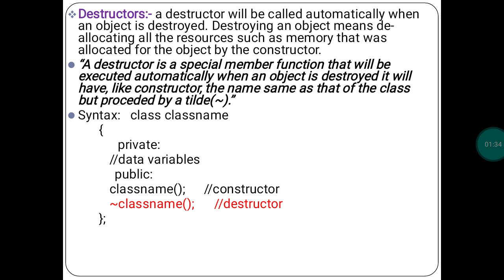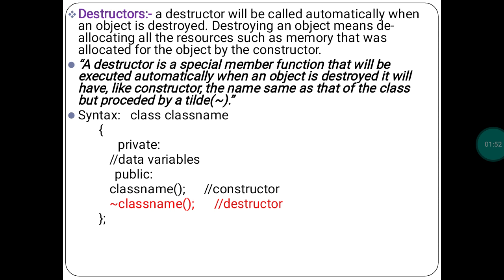Whatever contents were allocated for the object through the constructors can be deallocated using the destructors. In simple terms, using constructors we can allocate, and using destructors we can deallocate.